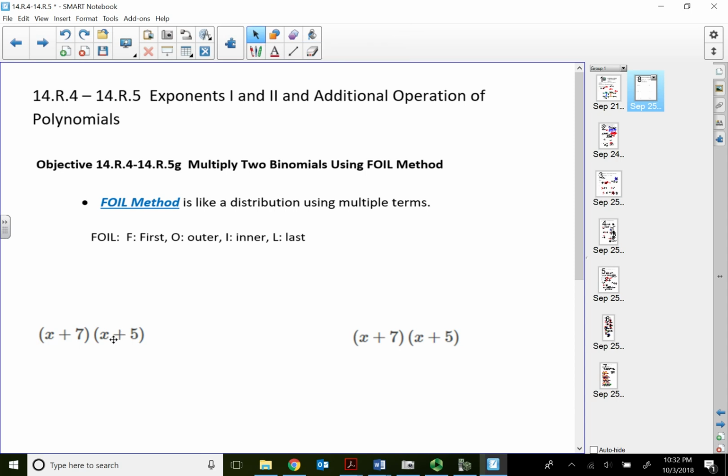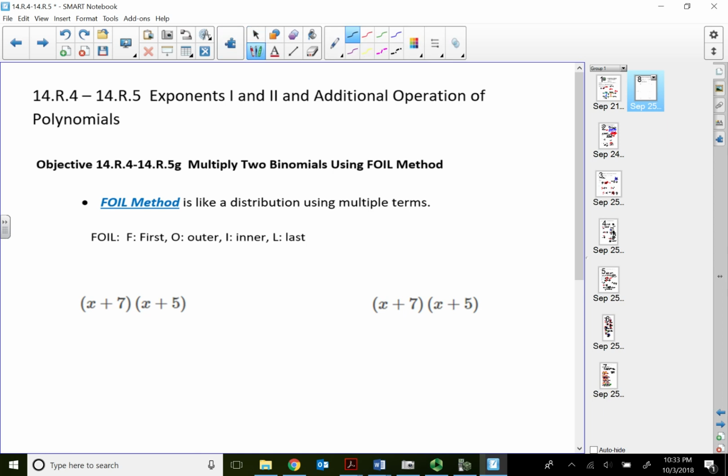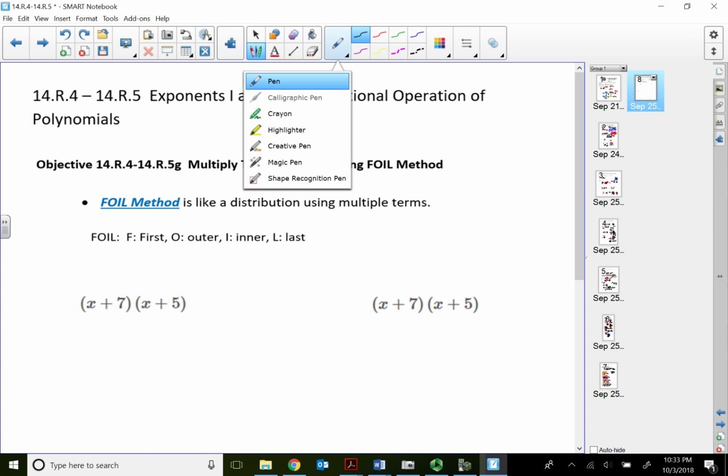I wrote this particular example down twice so I can explain to you what the FOIL method means. Some of y'all may remember: F means first, O means outer, I means inner, L means last. These four letters, FOIL, come from the idea of distribution, but distributing multiple times.